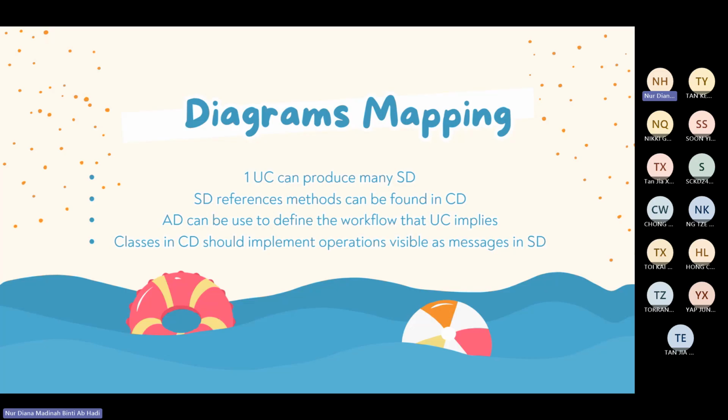It can be mapped. So if you are wrong at one of the diagrams, it means all of your diagrams would be wrong. And then your activity diagram can be used to define your workflow that UC implies. What is UC? Use case. So why can activity diagram be used to define the workflow inside your use case?